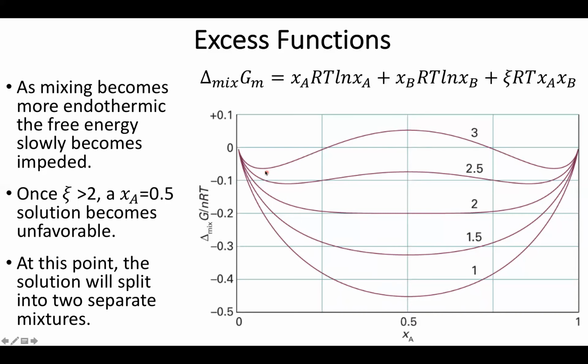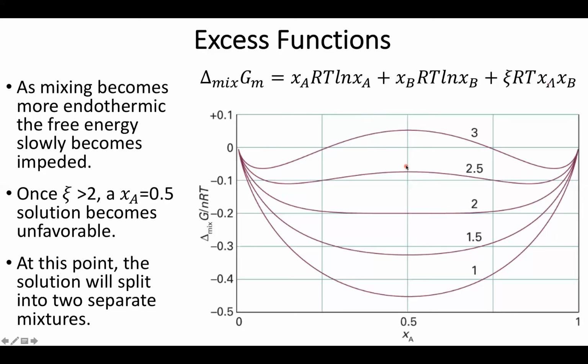Instead, what I'm going to produce is two mixtures with essentially inverse relationships between the mole fractions of A and B. Because I'm not going to want to form this even mixture. I'm going to want to form something where B is mostly seeing itself, and A is mostly seeing itself, because that's what's going to make the enthalpy happy. However, because entropy, in a sense, always wins, these are never going to essentially be pure A and pure B.